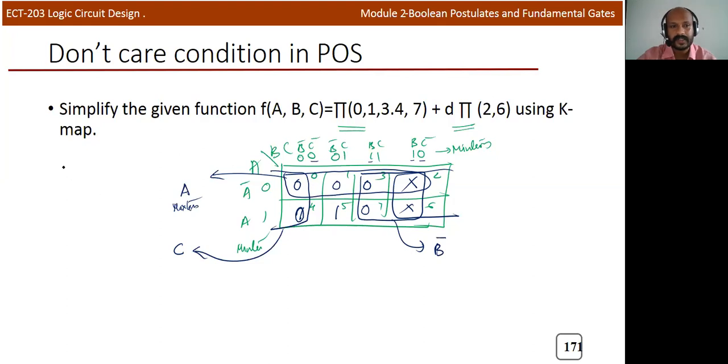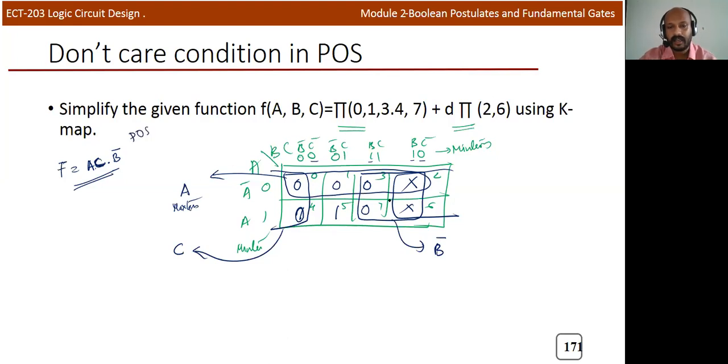So finally the result can be written as F equals A into C into B bar, because the first term is A, the second term is C, and the third term is B bar. So don't confuse, it's actually POS representation.